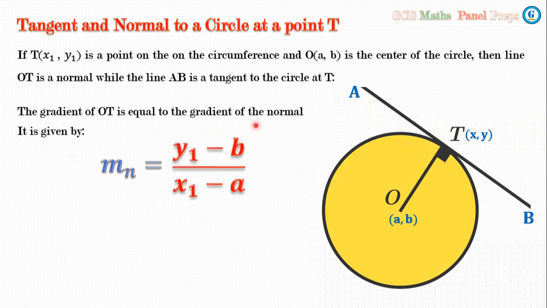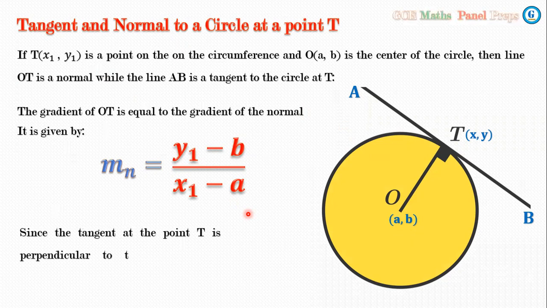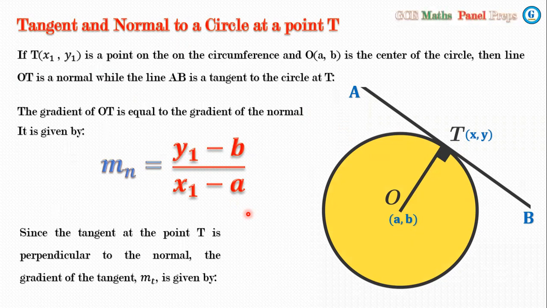Change in y over change in x. So we have y1 minus b, all over x1 minus a, because I define in terms of x1 and y1 the point T. And this is the gradient of the normal. Now the gradient of the tangent, which is perpendicular to the normal, is given by -1 over the gradient of the normal.